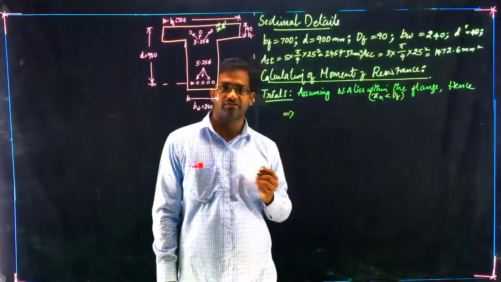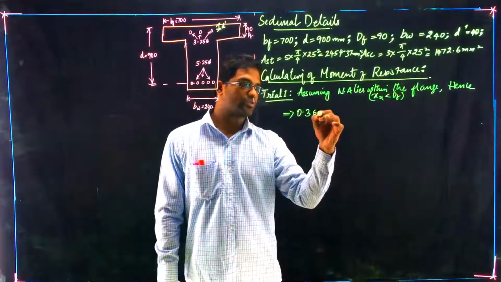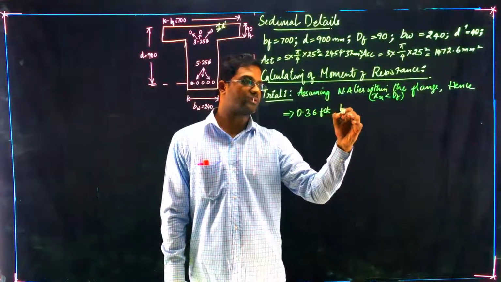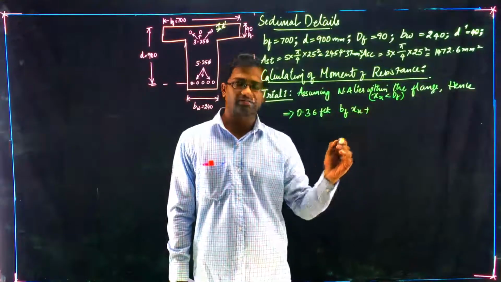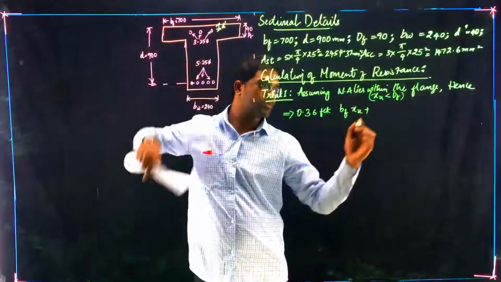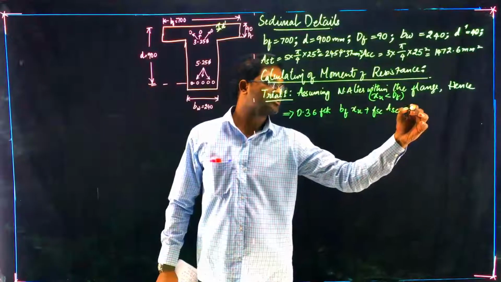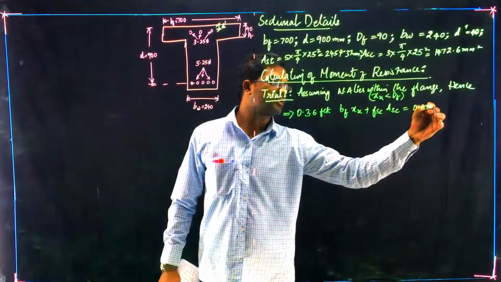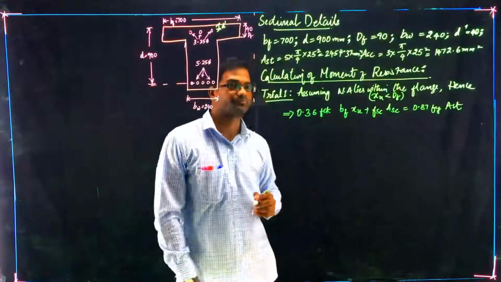Equating compressive forces and tensile forces, you get 0.36 FCK BF into XU plus the force due to compressive steel, that is FSC ASC, equals 0.87 Fy AST.